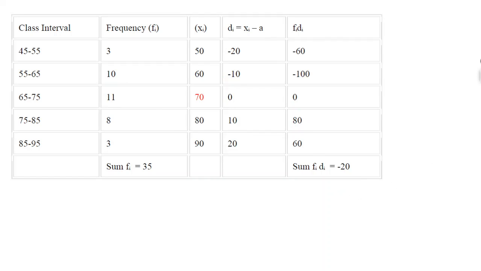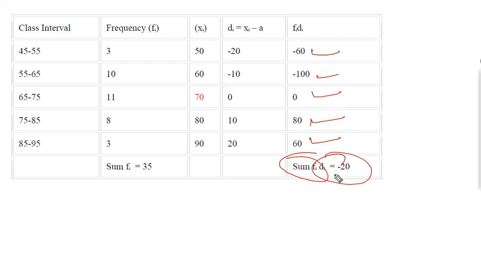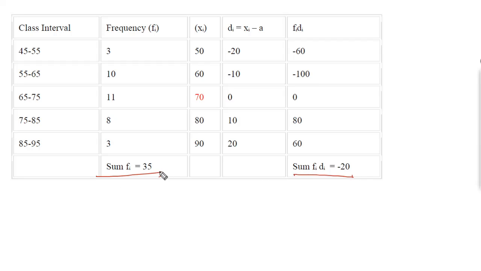Now what we have to do? We have to find the sum of fi di. So minus 60 plus minus 100 plus 0 plus 80 plus 60 will be equal to minus 20. Okay. So after finding the sum of fi di and sum of fi, we will move into the calculation stage.